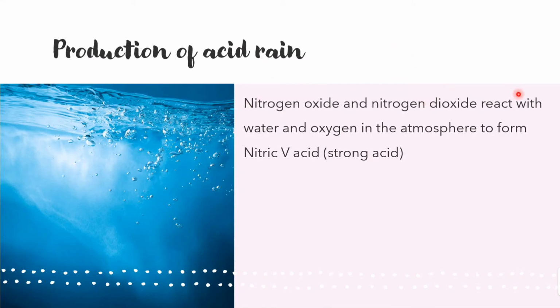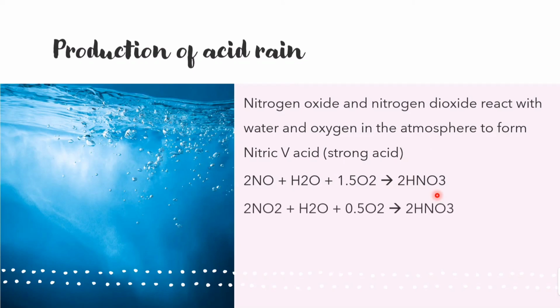These also react with water from the atmosphere, but they also react with oxygen. And this forms nitric(V) acid, which is also a strong acid that can contribute to acid rain. As you can see in this equation, we have nitrogen oxide, and this reacts with water and oxygen to produce our strong acid.